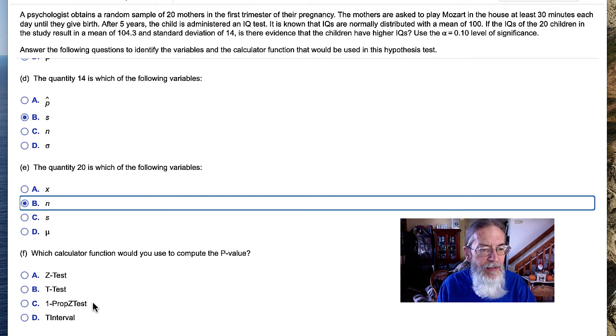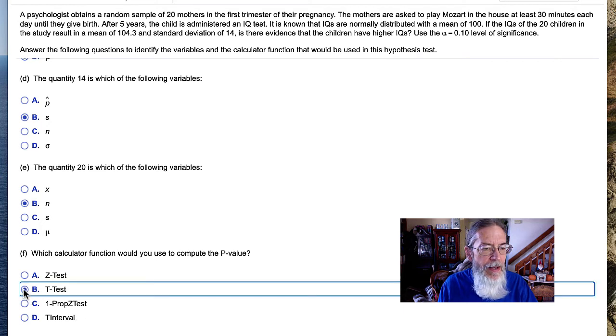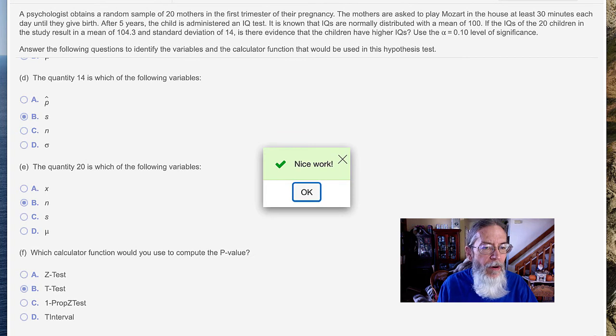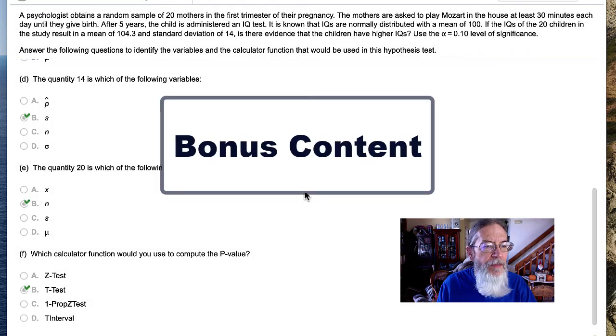And then T-interval, that's a confidence interval. That's chapter 9. So I'm going to say it's t-test, which, by the way, is the correct answer. Boom. Nice work. Aren't you happy that your instructor actually knows how to answer these questions?